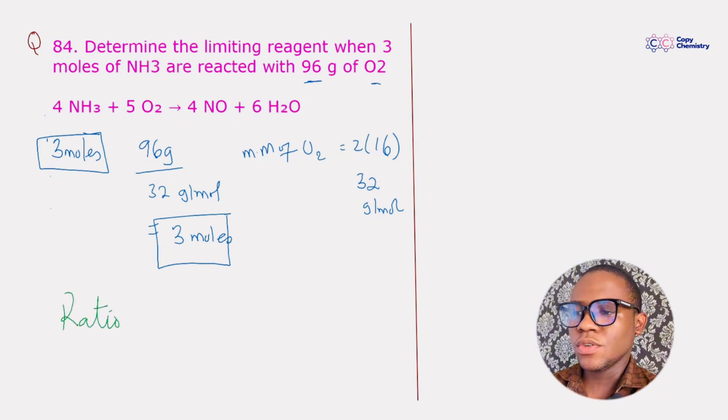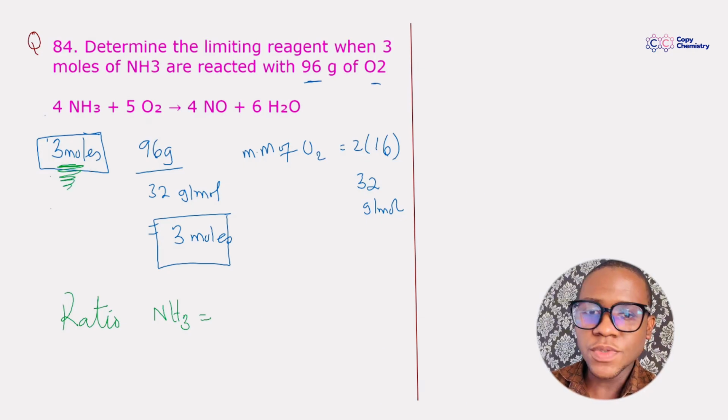So the ratio for ammonia is the number of moles of ammonia that is being introduced divided by the stoichiometric coefficient. And I mean this number here I'm circling. That's the coefficient of ammonia in the stoichiometric equation. Do you understand the words that are coming out of my mouth?